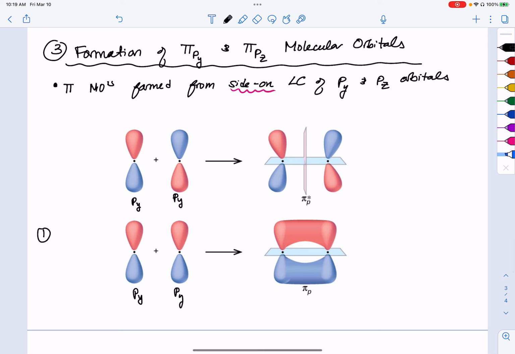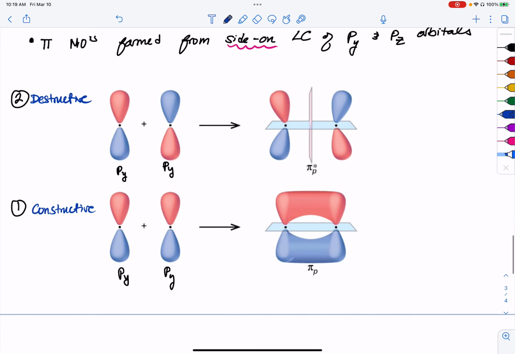And down here we have our constructive combination, and up here is our destructive combination, where our constructive combination has this side-on addition like so.